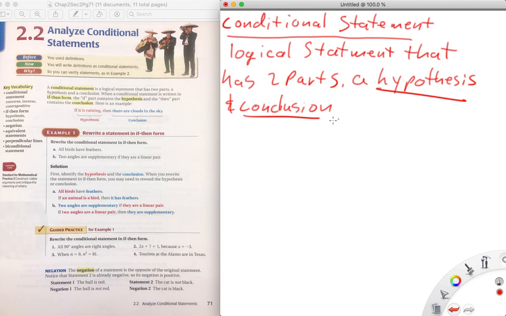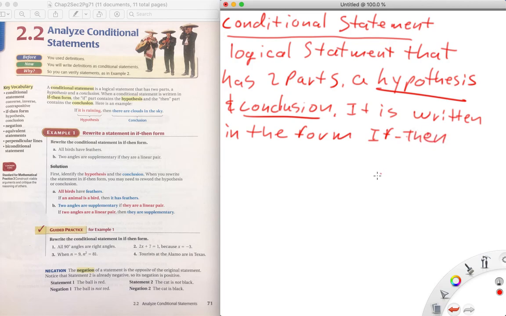It is also written in the form of if and then. These are going to be if-then statements. Okay?